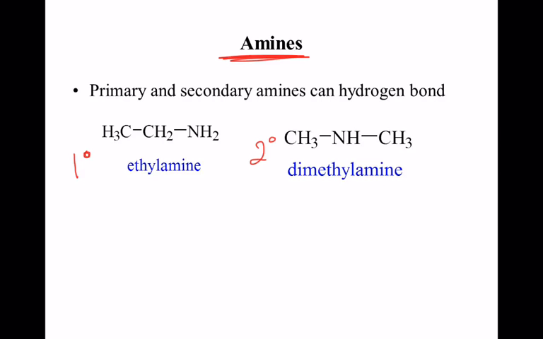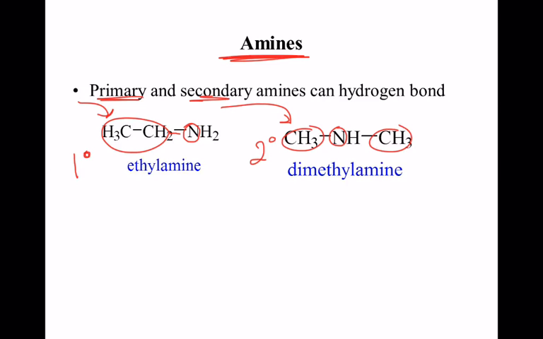This is a primary amine and this is a secondary amine. If you find the nitrogen, you can see if it's a primary, secondary, or tertiary amine. If it's only connected to one thing, carbon-wise, it's a primary amine. In this case, this nitrogen is connected to 2 carbon things.